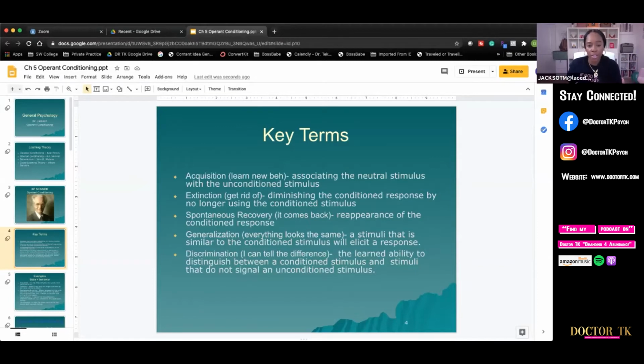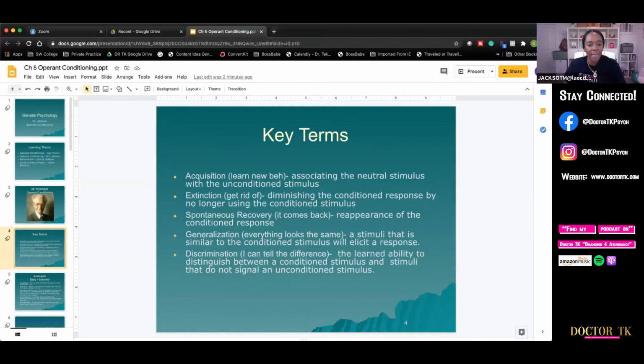We get rid of them, and the way the habit would stay away is if you replaced it with another behavior. But we're human, which means that at any given time, that old behavior can be triggered to come back. It doesn't mean that it's going to stay back, okay? Generalization is exactly what it sounds like: everything looks the same. And discrimination is you can tell the difference.